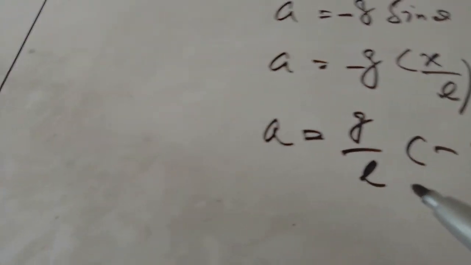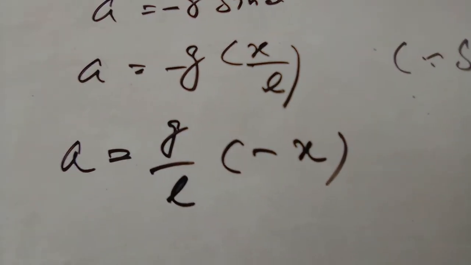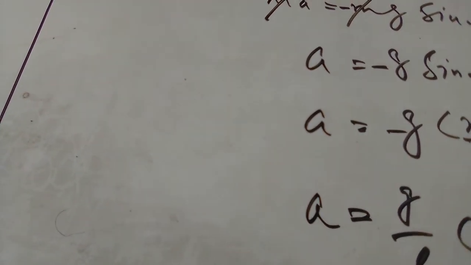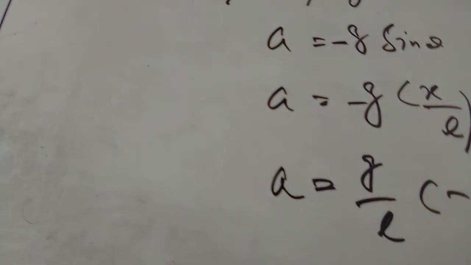Since g is constant and length is also constant because it is an inextensible string, a is proportional to minus x.